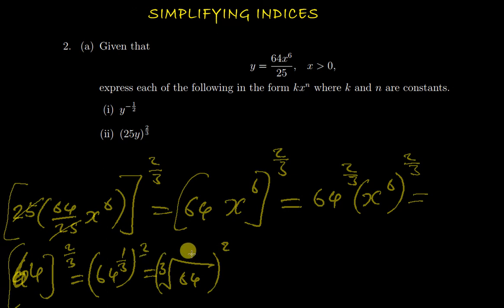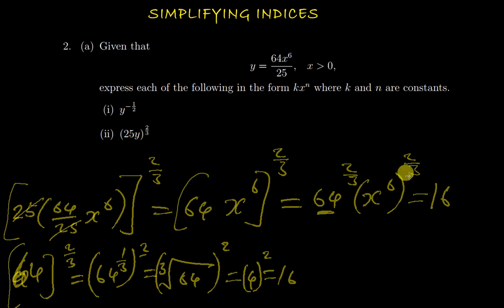The cube root of 64 is simply 4, and then we square 4, which gives us 16. So this part is simply 16.